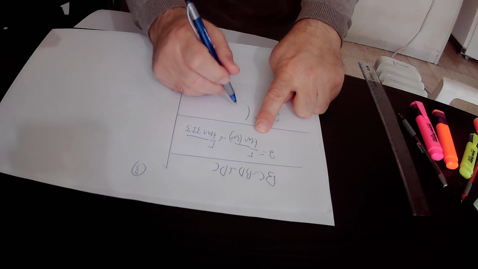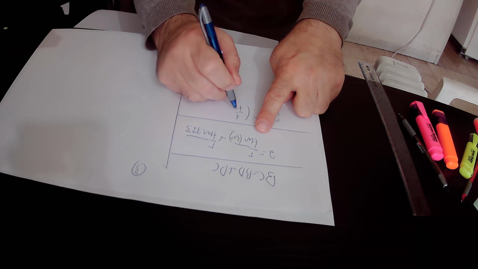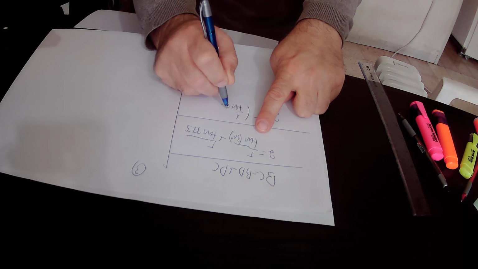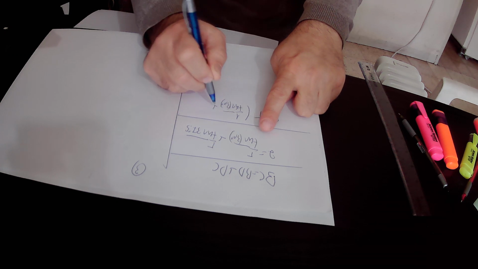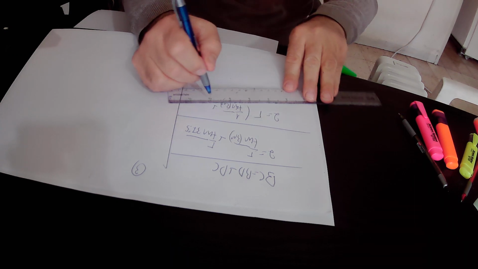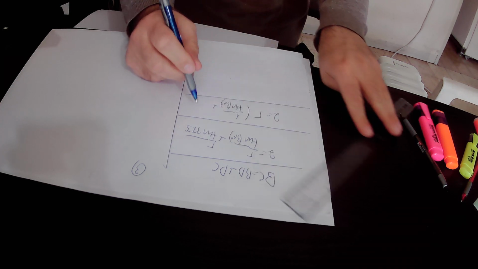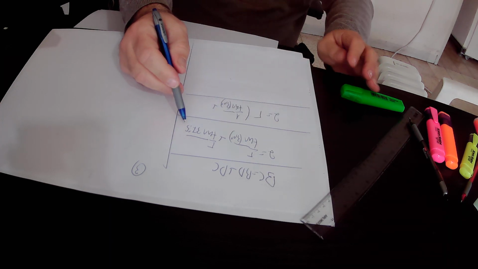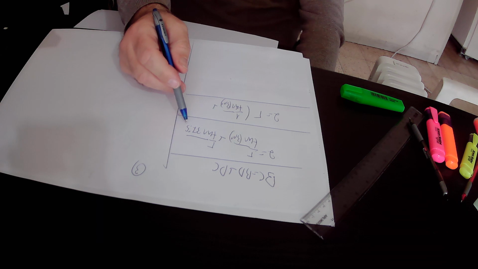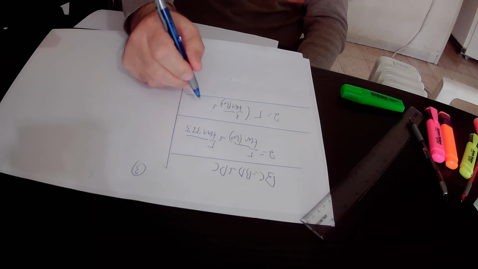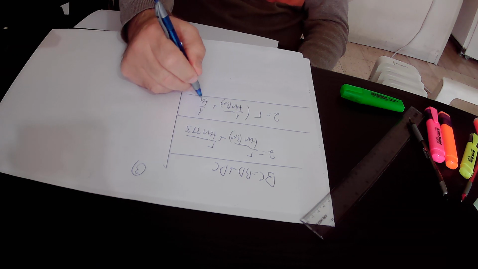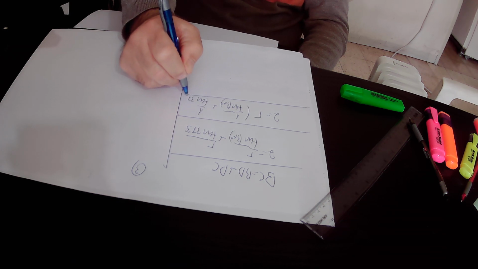It is 1 over tan 30 degrees, plus, what is left from the second expression? It is 1 over tan 37.5 degrees.